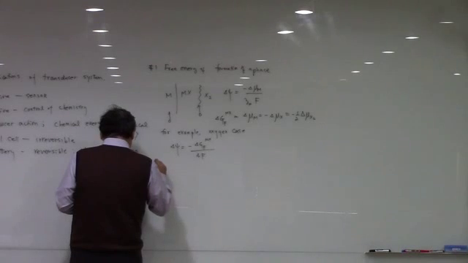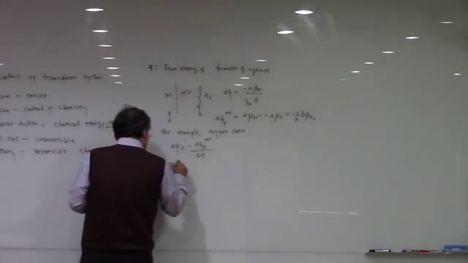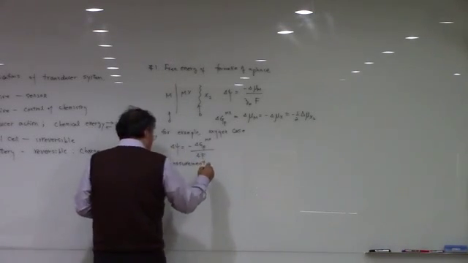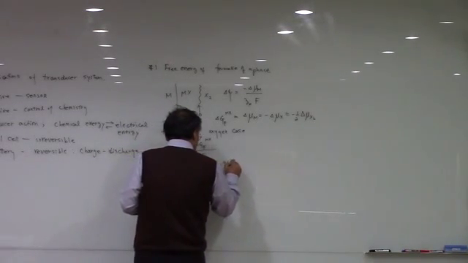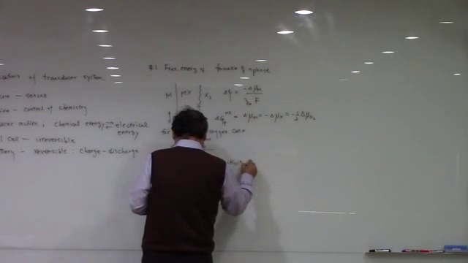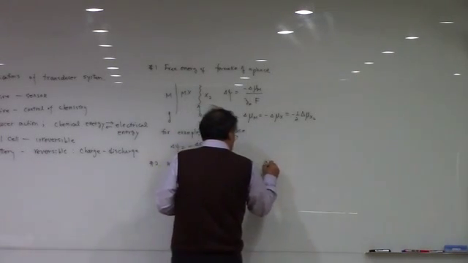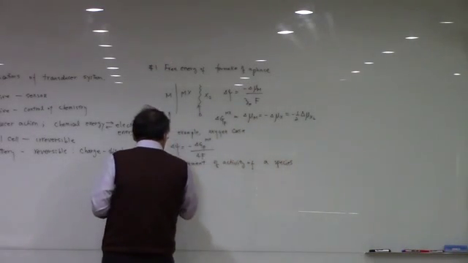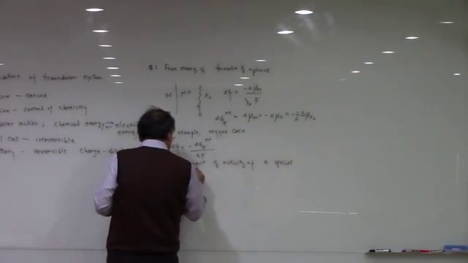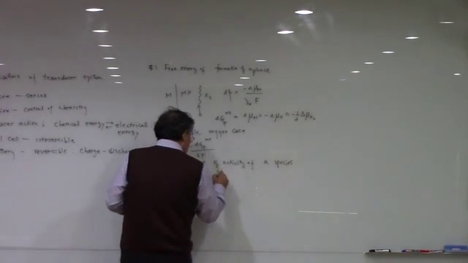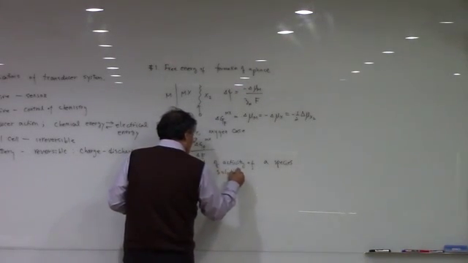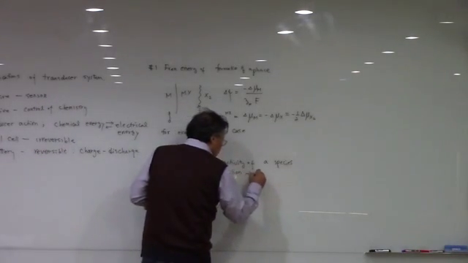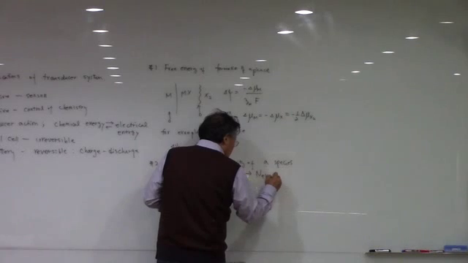And then number 2, measurement of activity of a species in a solid solution. That we have discussed, which is the Nernst equation, okay?